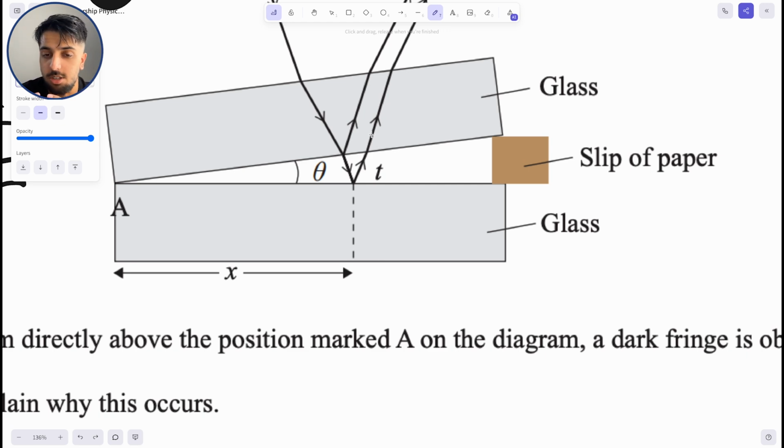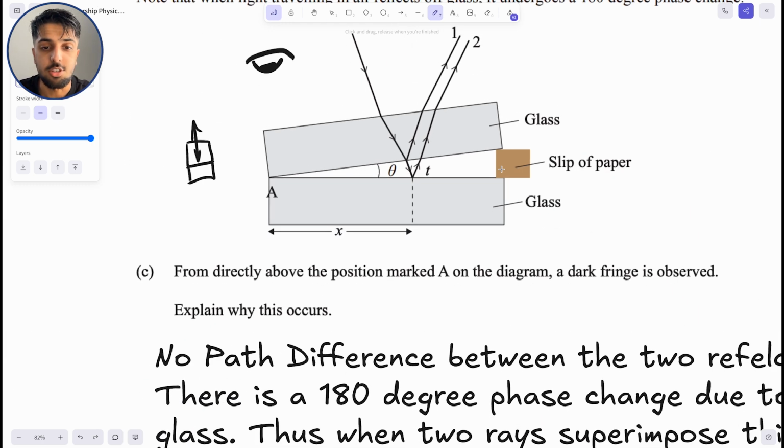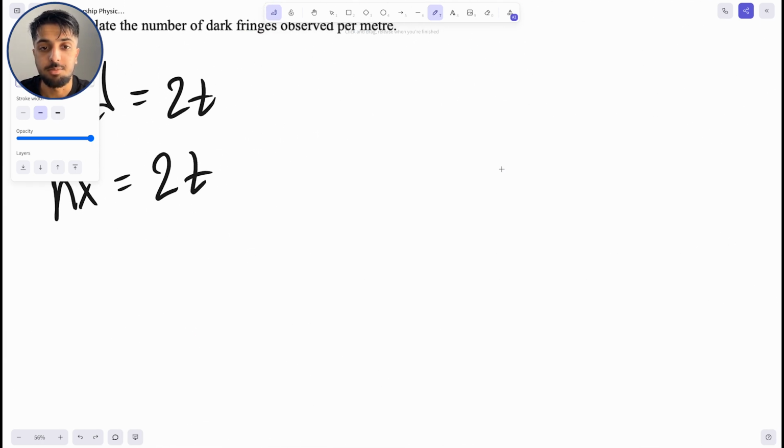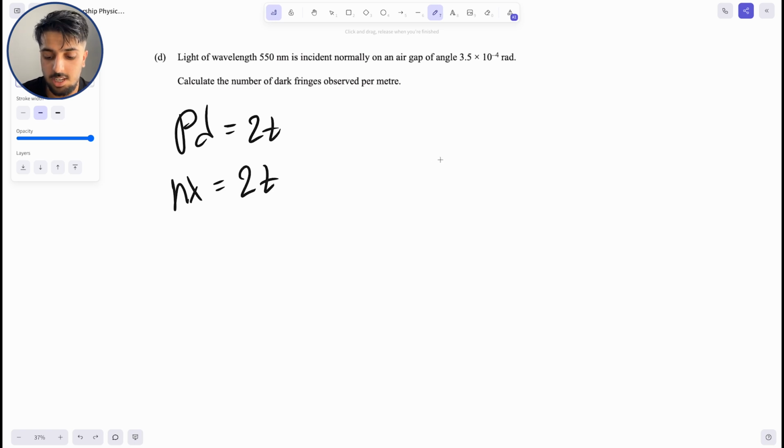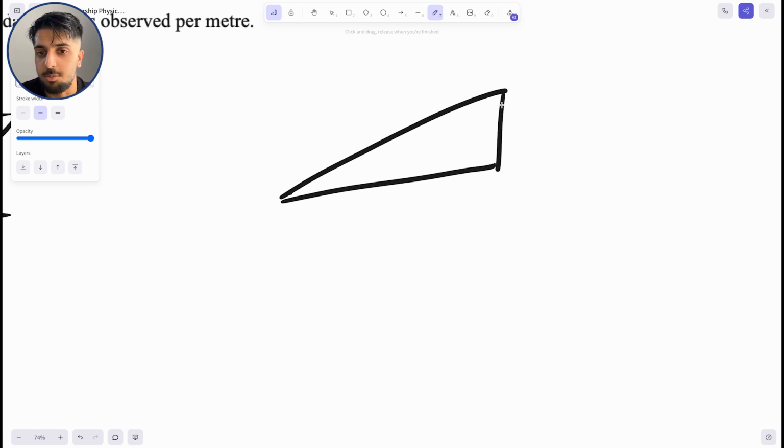But because the angle is so small, as this is a slip of paper, like that's how thin it is in the horizontal direction, that is definitely a small angle. So because of that, even though there is going to be an arc, we can assume that instead of it being arced like this, it's just a straight line down.